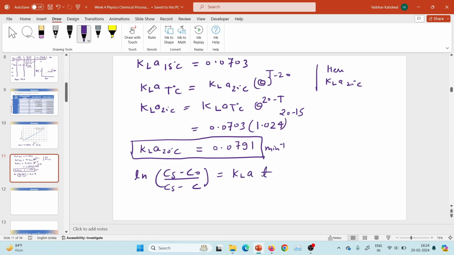So we need to calculate how much time is required to aerate the dechlorinated water from 1.5 milligram per liter to 8.5 milligram per liter. So how much time is required to aerate 1.5 milligram per liter dechlorinated water to 8.5 milligram per liter at 20 degrees Celsius.